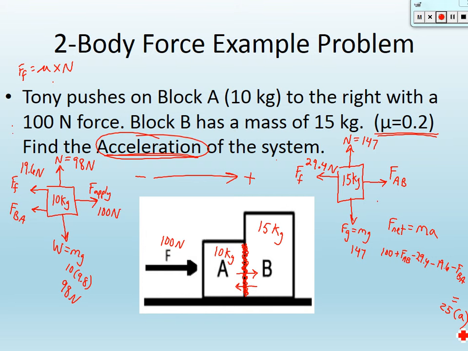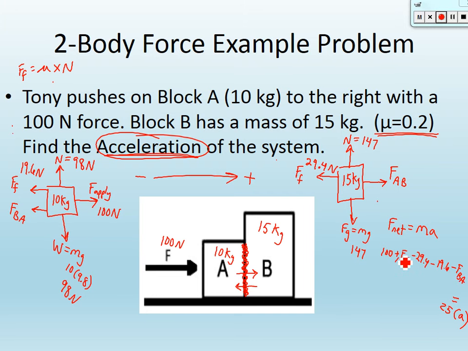So, when you get to this point, now look, we have 1, 2, 3 unknowns in one equation. Can I solve it? No. I can't. So, what are we supposed to do here? Wouldn't they cancel out? Good. Yeah, these contact forces are going to cancel out, aren't they? The force that A puts on B, isn't that equal but opposite the force that B puts on A?